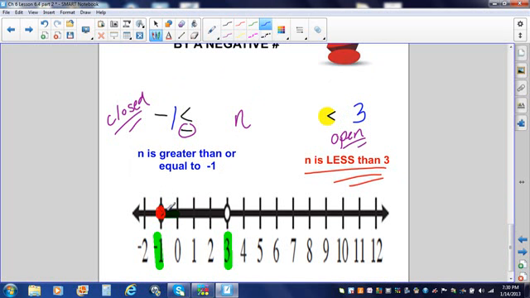So my shading for this inequality goes between negative 1 and 3. Congratulations, you did it. You just graphed a compound inequality. See ya.